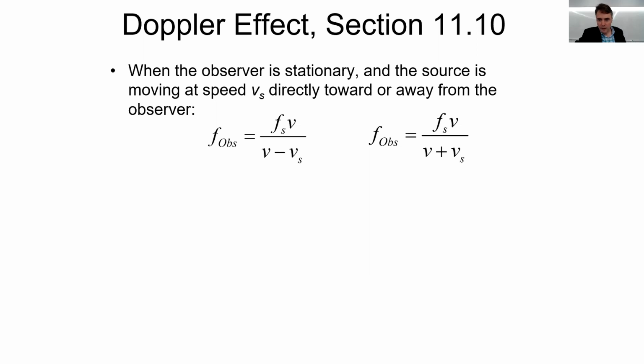Sometimes you will hear this with traffic or with a siren going by, or if someone honks their horn, for example, as they're driving by you, it'll go beep as it goes away. As it's coming towards you, it's slightly higher frequency. Then if it passes you, it goes through its source frequency, and as it's going away from you, it goes down to a lower frequency.